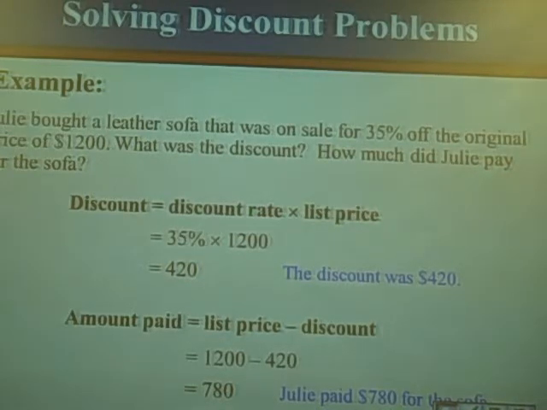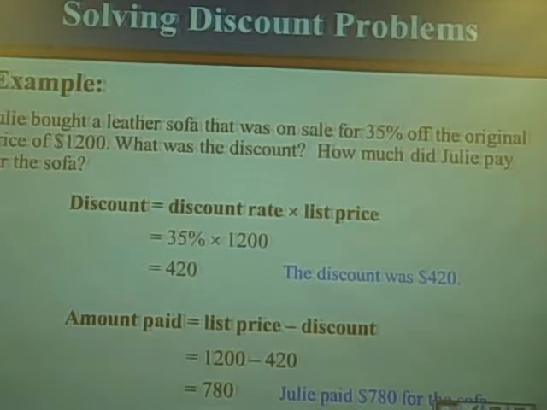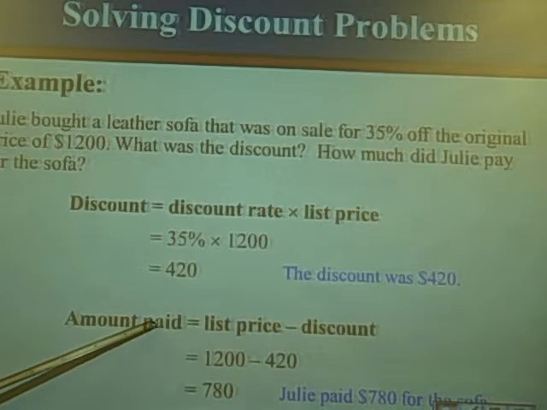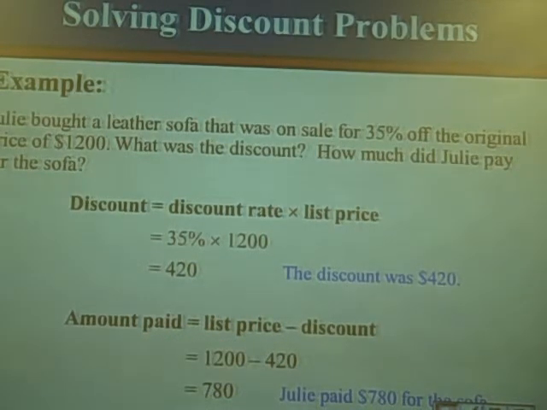Being a veteran on sales, you're going to take 0.35 times 1,200, and you get 420. So the amount paid is the list price minus the discount.